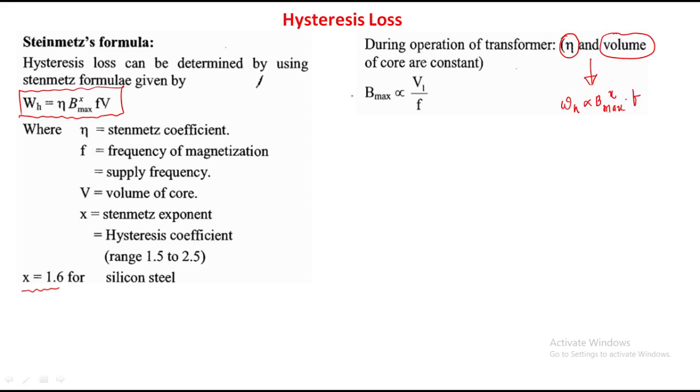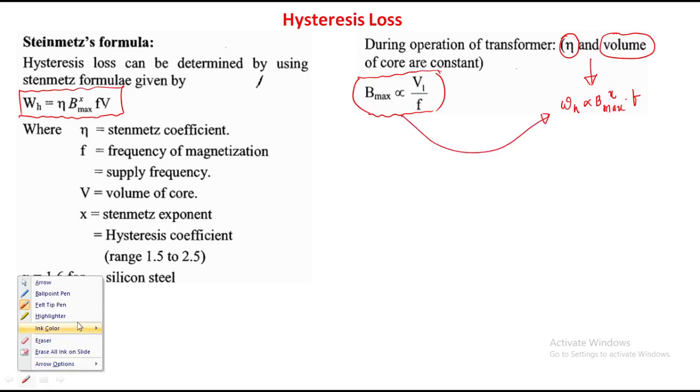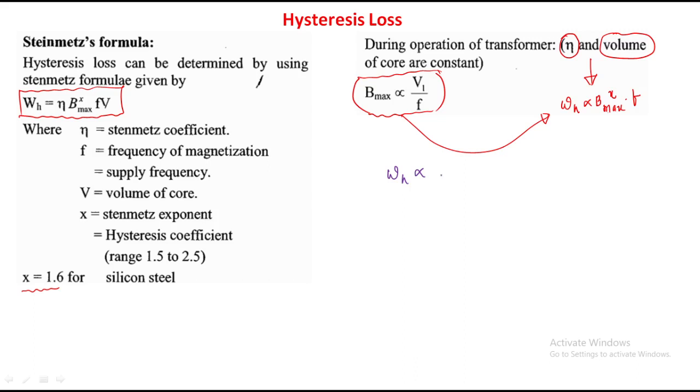We also know that Bmax is proportional to voltage by frequency. Then substitute this in the equation. So the hysteresis loss is proportional to Bmax, and Bmax is V1, the supply voltage, by frequency, power x, into frequency.